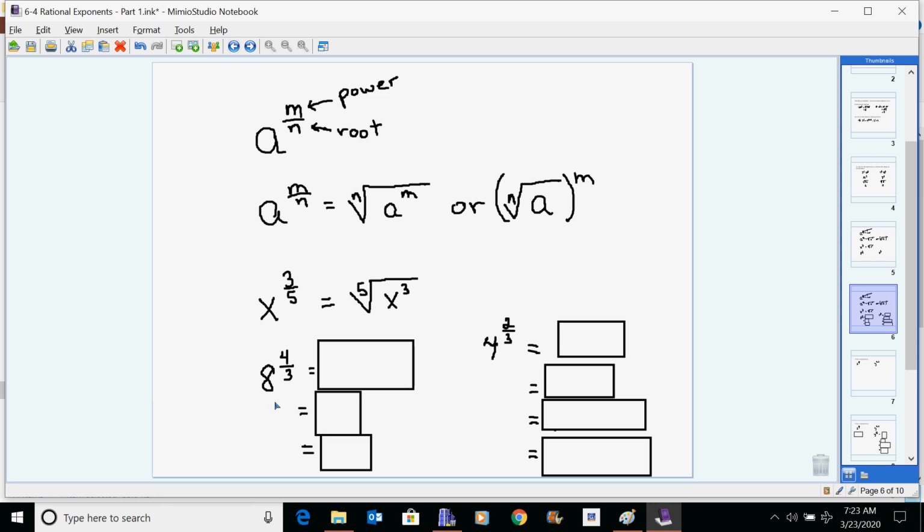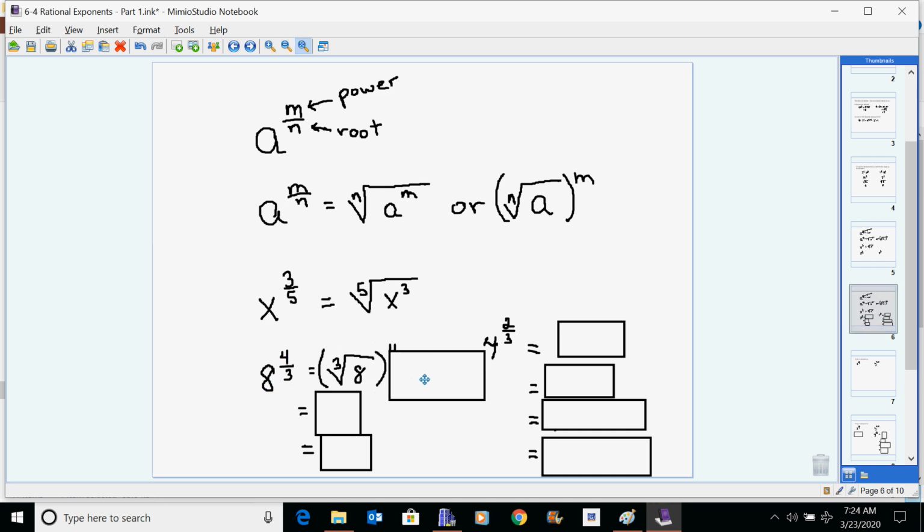When you first evaluate these, take a look at your index and ask yourself if it's an easy problem to find that root of this number. If it is, you're going to want to do the method where you do the root first and then the power.